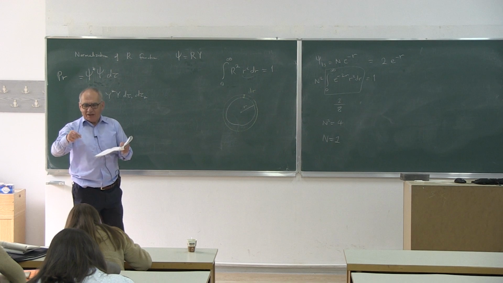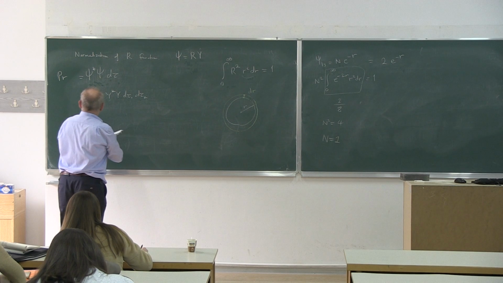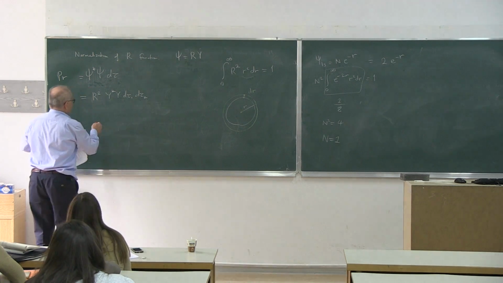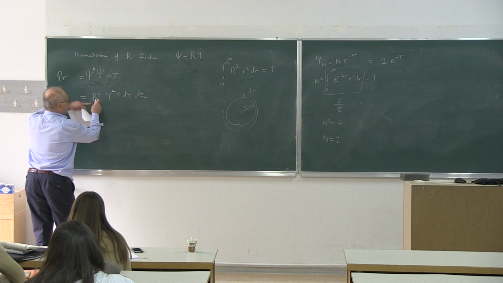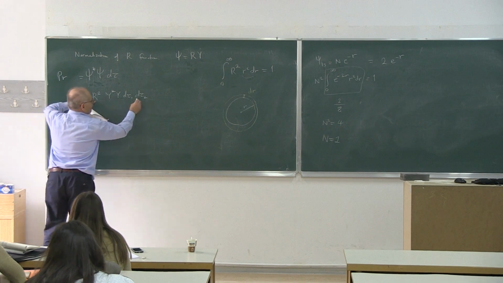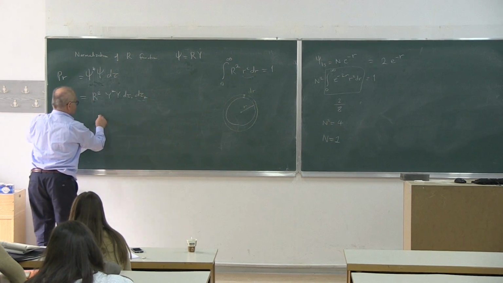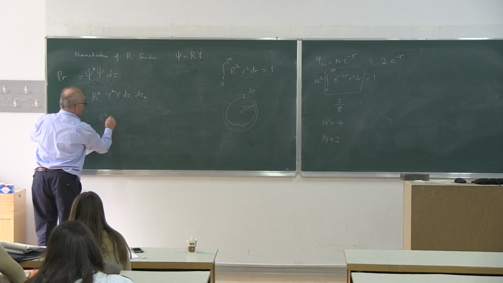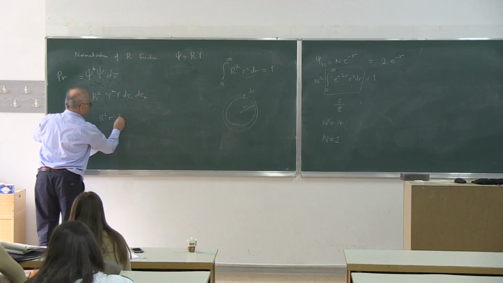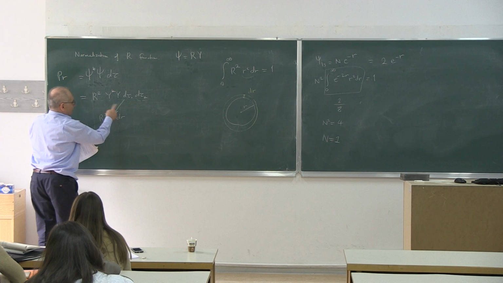We add up the probabilities over the angles. So, because angles are contained only in d tau 2, we have this expression, R squared r squared dr. This is d tau 1.